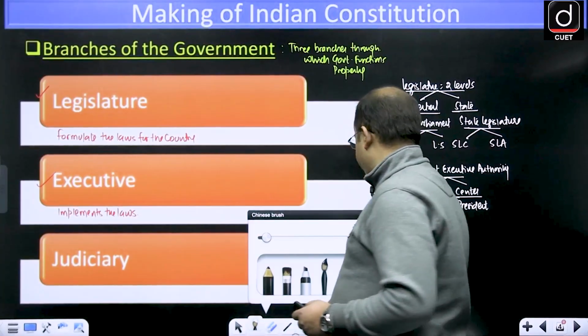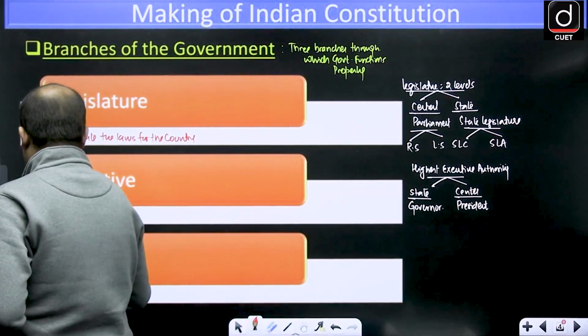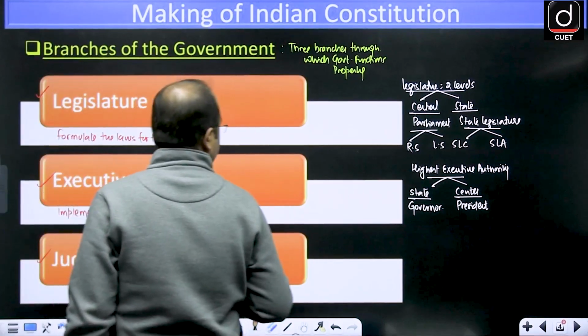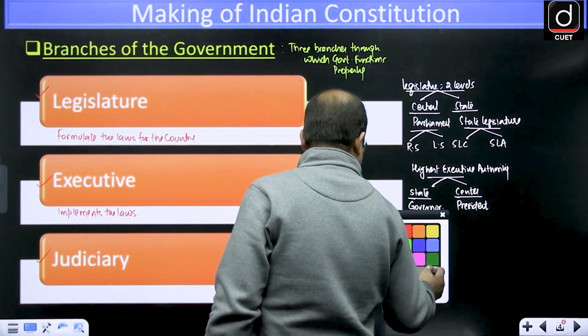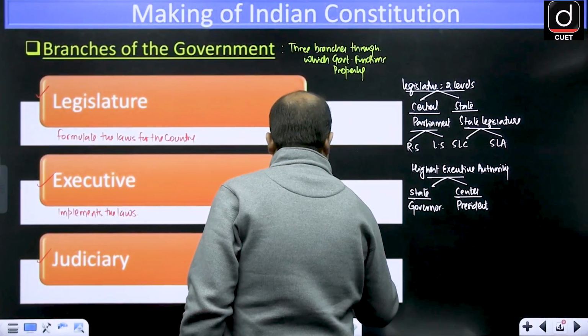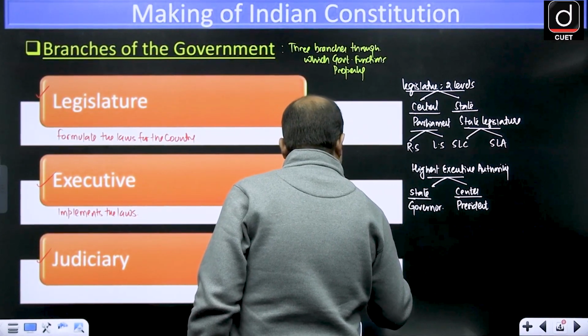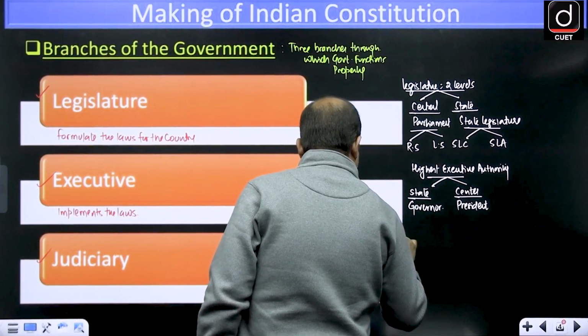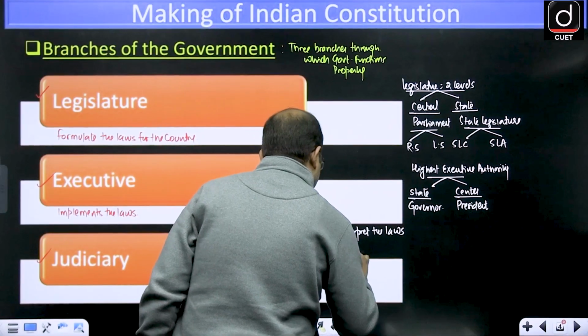Next we have judiciary. What is the work of judiciary? Judiciary has two works. First is to interpret the laws, and second is to protect the law.